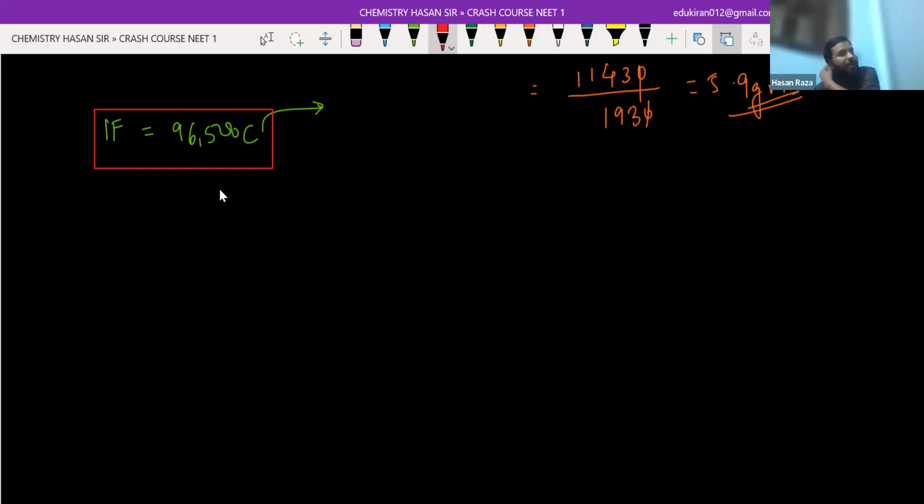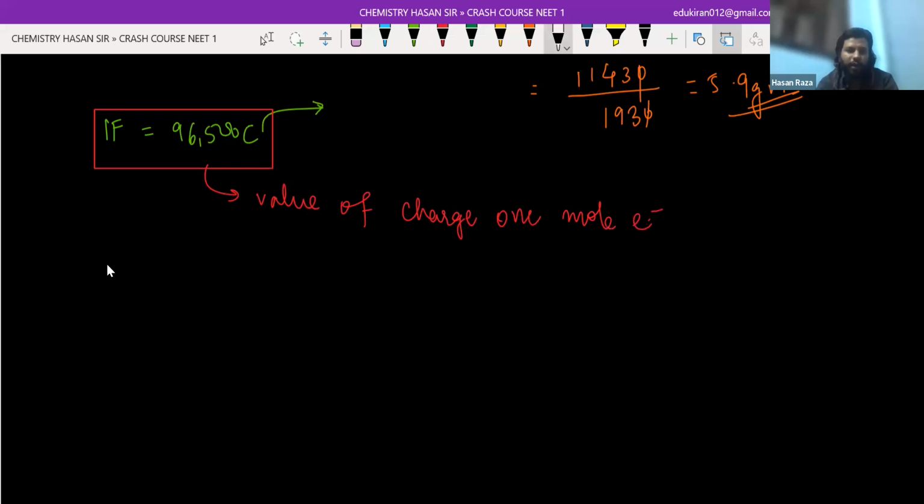Basically, this is the value of charge on 1 mole of electrons. You know that the charge on 1 electron is 1.6 into 10 raised to the power minus 19 coulomb.